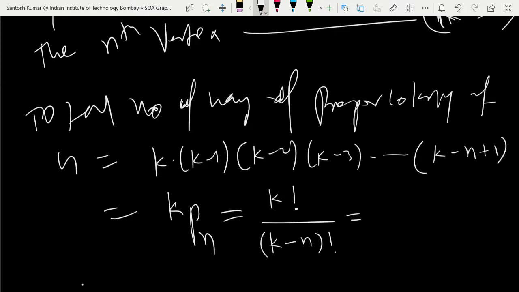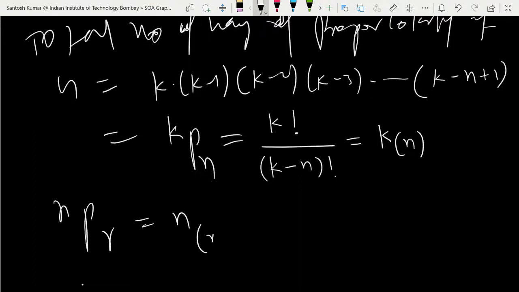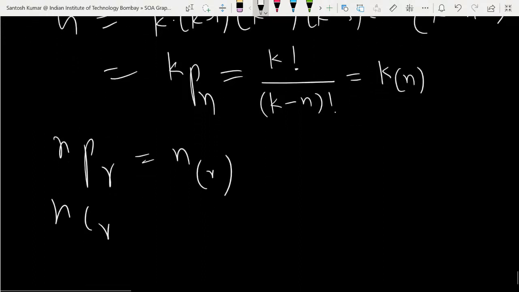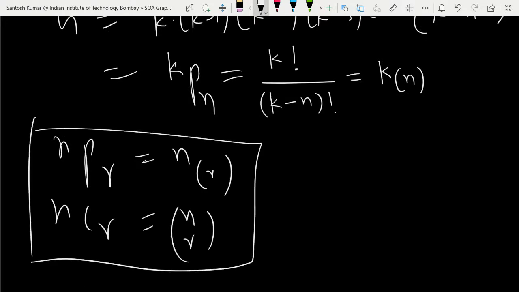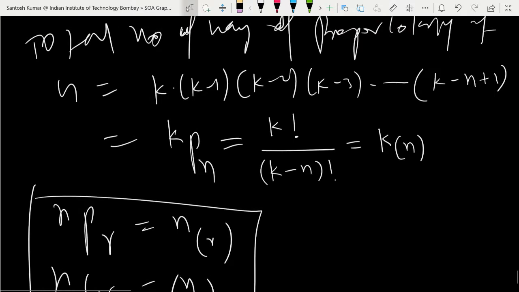In the standard books by foreign writers, they write this notation as k suffix n, like what I want to say, nPr they write this way, and nCr we write as n choose r. So don't confuse with the notations. If I write this k suffix n in brackets, it means the total permutations of k objects taken n at a time. All are different, so any one of the notations can be used.